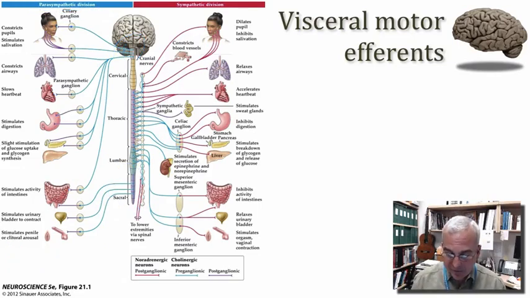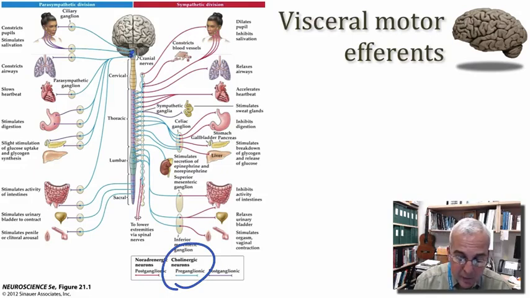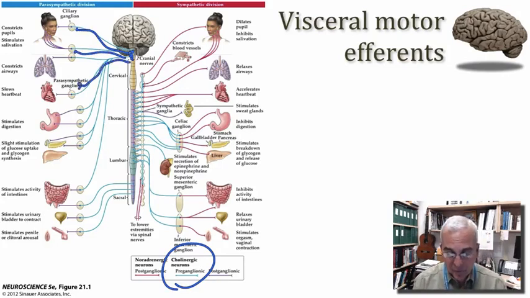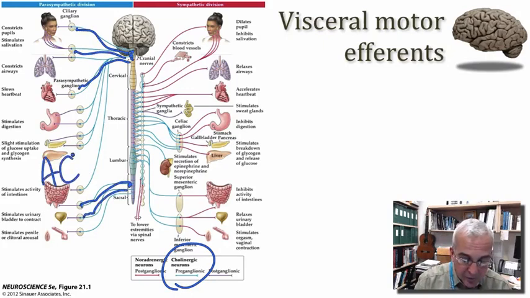So the neurotransmitter of the preganglionic neuron, like the sympathetic division, is acetylcholine. So these preganglionic parasympathetic axons that supply these targets emanating from the brainstem and from the sacral spinal cord are going to release acetylcholine in their ganglia.